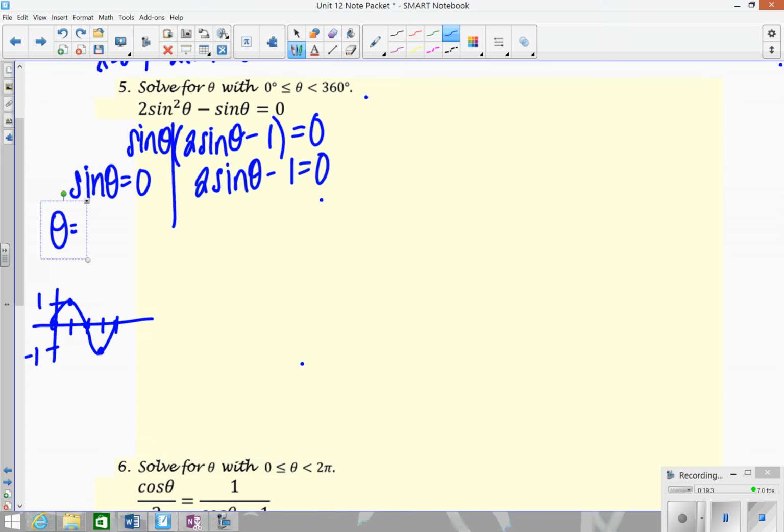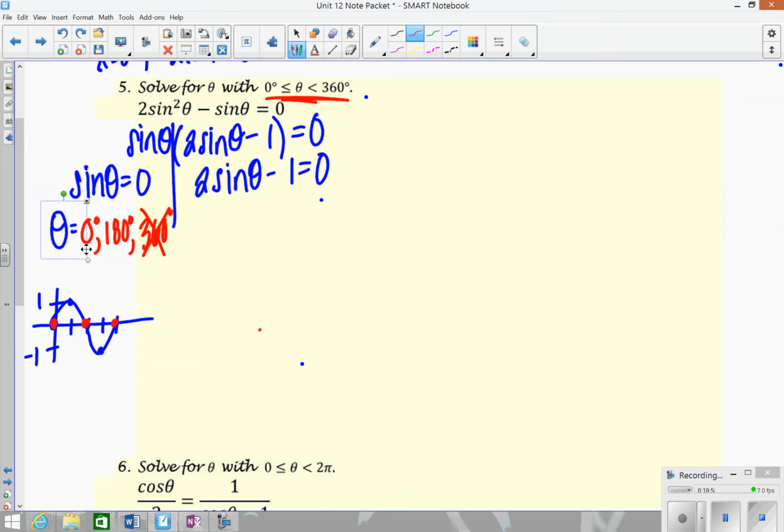So if I'm trying to figure out when sine of theta equals 0, I have 3 key points where it equals 0: at 0 degrees, at 180 degrees, and at 360. If you look at this though, it says including 0, but less than 360. So really that tells me I wouldn't include that 360 as a solution.